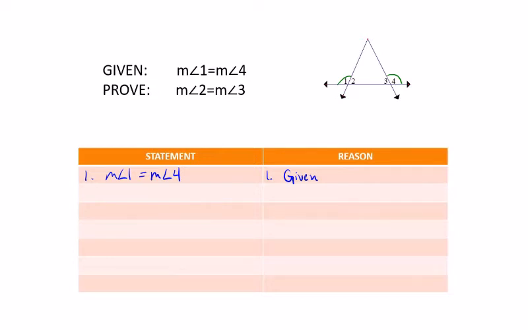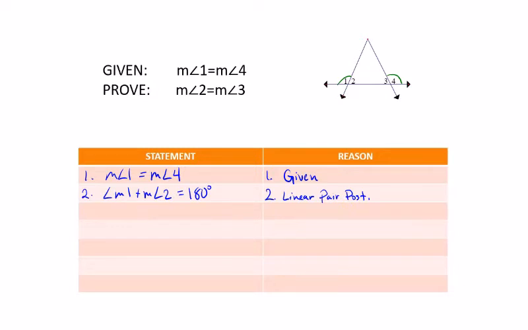And so that would be a linear pair. So we could say that the measure of angle 1 plus the measure of angle 2 equals 180 degrees. And the reason is the linear pair postulate, right? Two angles that form a linear pair are supplementary.